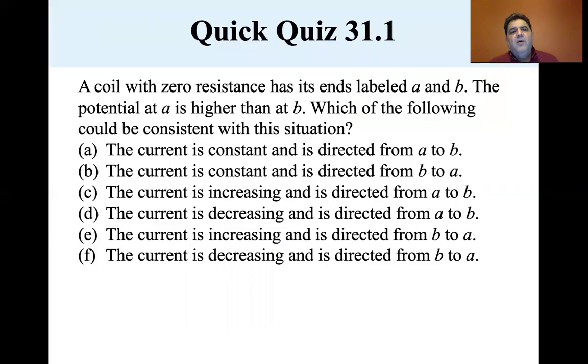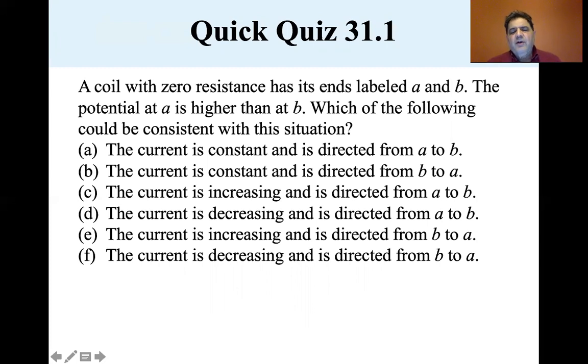Now a coil with zero resistance has its ends labeled A and B, with the potential at A higher than at B. Which of the following should be consistent with this situation? In either case, the current is not going to be constant.